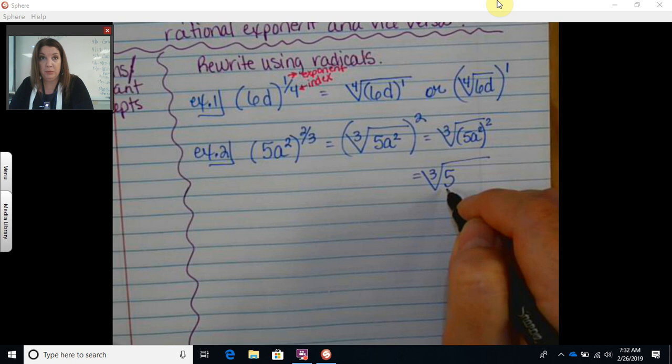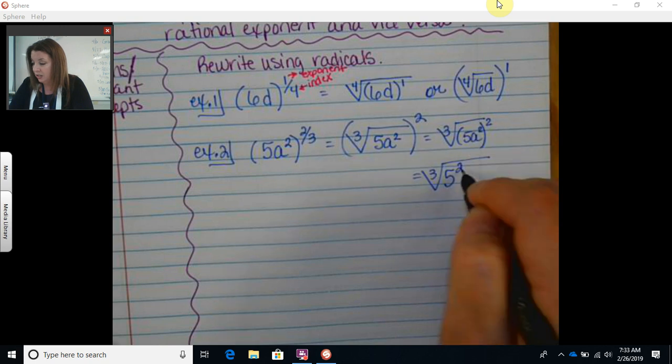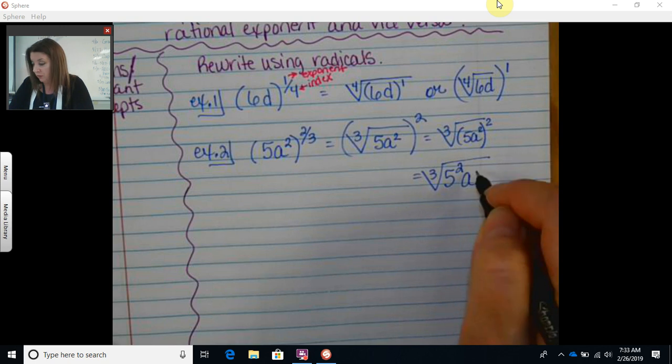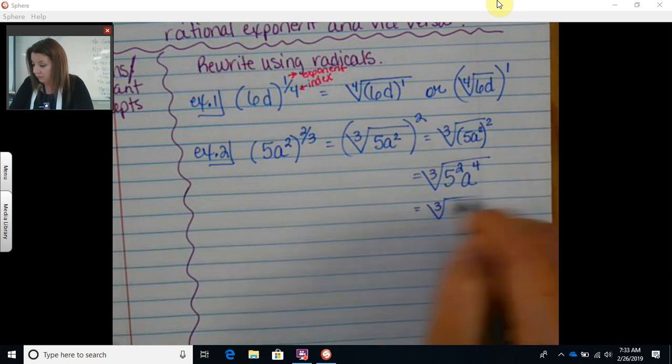Multiply. Power to a power: keep the base, multiply the exponents. Since 5's exponent is 1, 1 times 2 is 2. And a squared, quantity raised to the second power, would be a to the 4th. All right, well, we know that 5 squared is 25. A to the 4th.